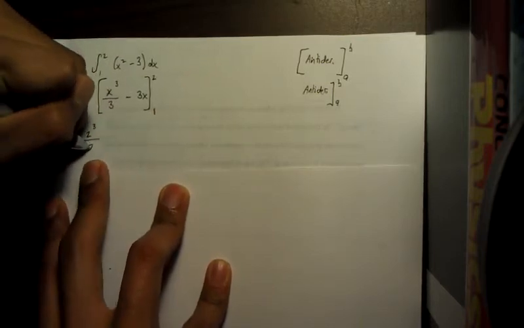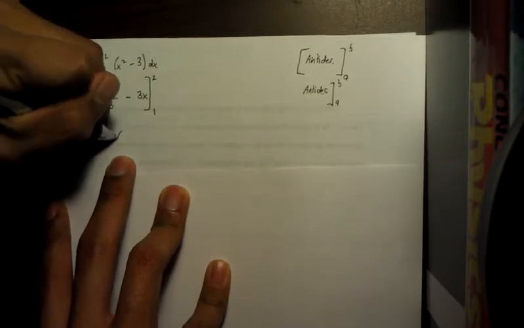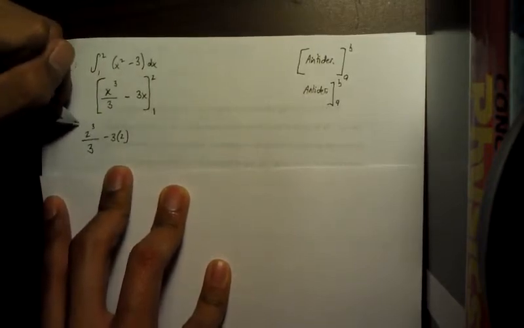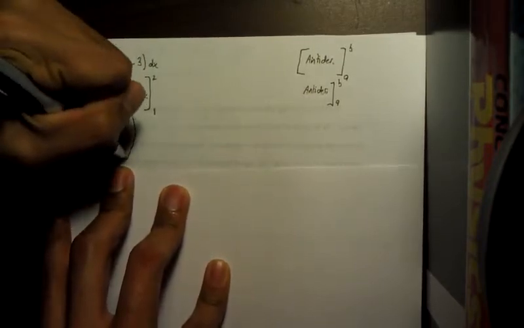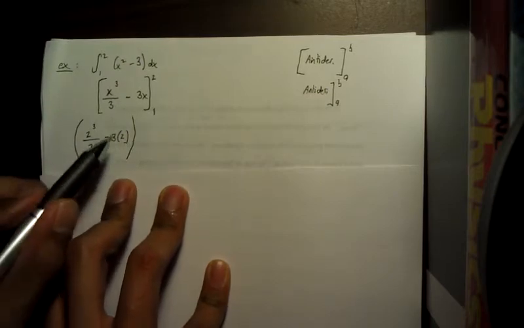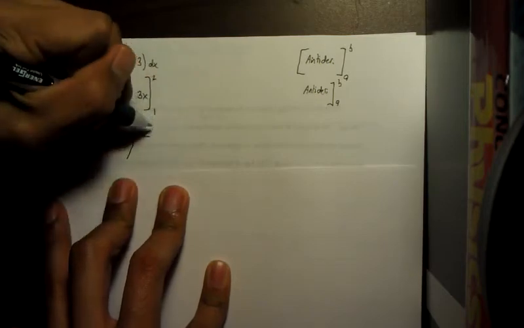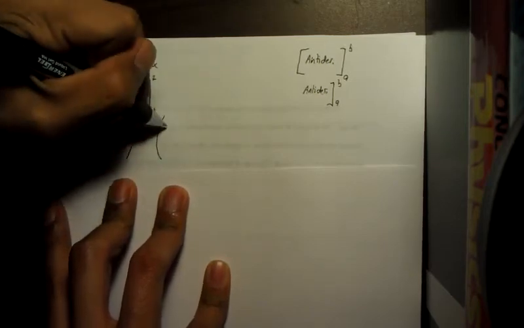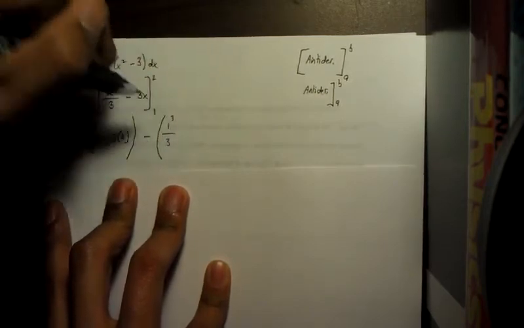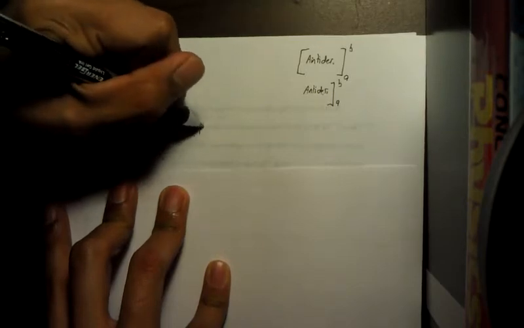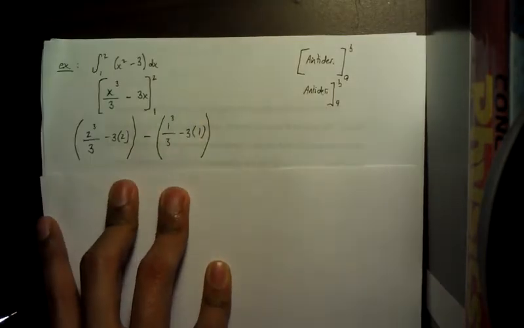So it'll be 2 to the third divided by 3 minus 3 times 2. That's what it comes out to be when you just plug the 2 into this equation, minus 1 to the third over 3 minus 3 times 1.